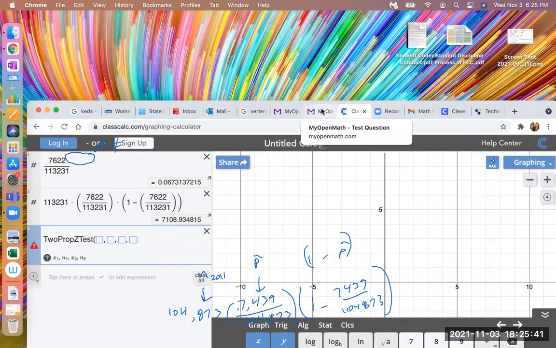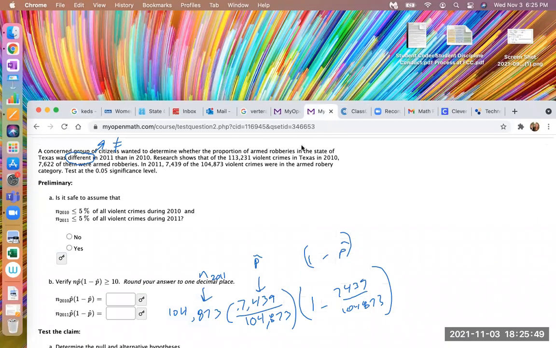Whatever population they mention first when they're listing all their data out, that is the one I usually go with as population 1. So they said research shows that 111 violent crimes in Texas in 2010. So they give me the information for 2010 first. So I'm going to let that be my population 1, and then this would be my N1. Then that value would be my X1.